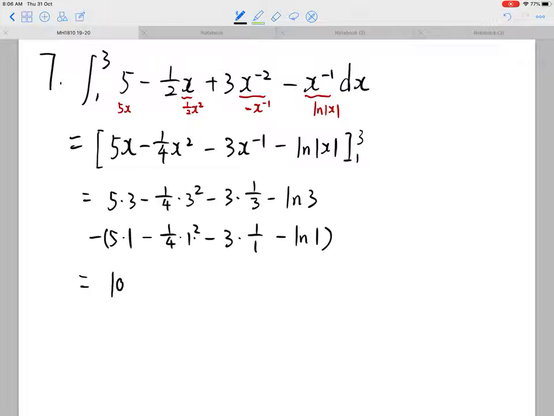Then for the next part, because here it's a positive sign and here it's a negative sign, it's just some algebra. This part is 1 over 4, this part is 9 over 4. So 1 over 4 minus 9 over 4 should be negative 2.